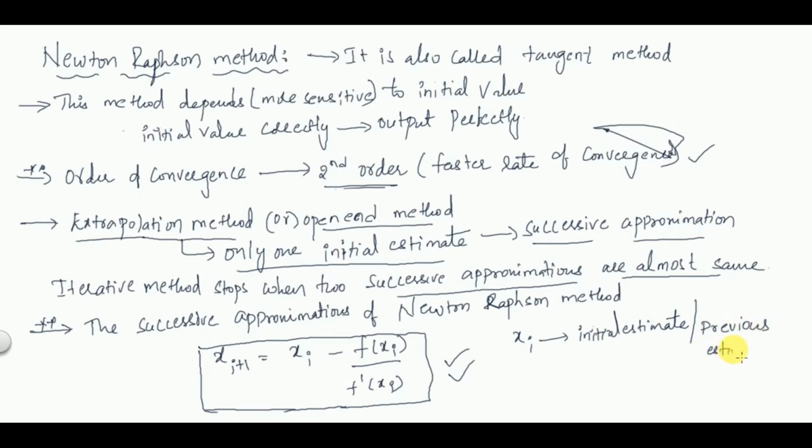When you are finding the first estimate, x i will be the initial estimate and x i plus 1 will be the first estimate. Similarly, when you are finding the second estimate, x i will be the previous estimate, that is the first estimate, and x i plus 1 will be the second estimate, and so on. Okay, so this is the methodology of the Newton Raphson method.